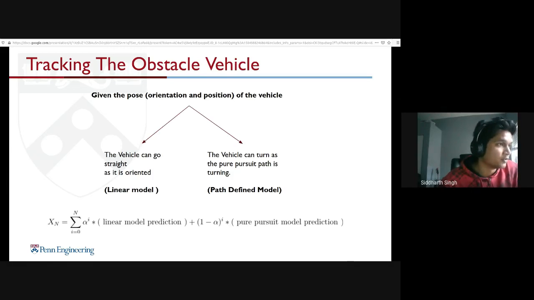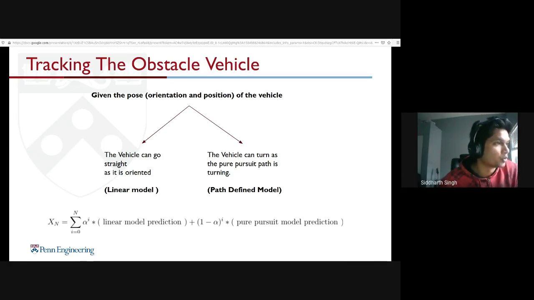So we can get 10 time steps, and we will get the states, the x_n, for those 10 time steps, but they will not have only linear model prediction or only pure pursuit model prediction. In the initial times, as you have weighted them, they will be linear model predictions first, and then as time goes on, they will be pure pursuit model predictions, where i is the time step you're at.